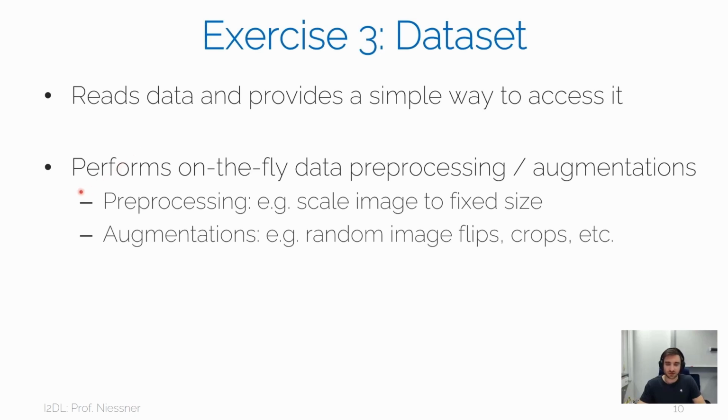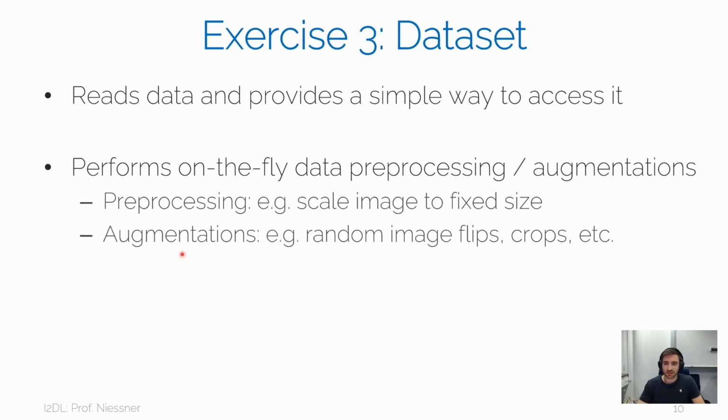It can also perform simple on-the-fly data pre-processing. For example, if you have scraped images from the internet, these usually come in all different kinds of sizes. So one way of this on-the-fly pre-processing is to scale them to a fixed size during data loading.